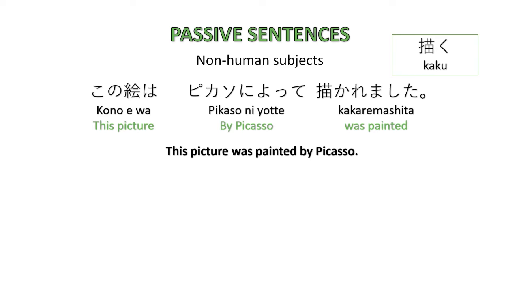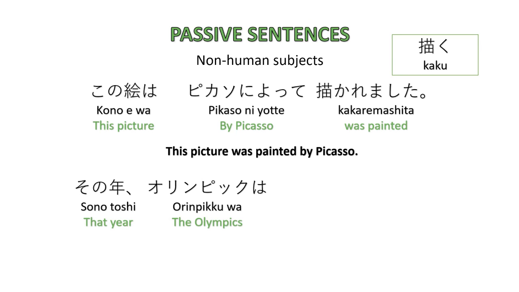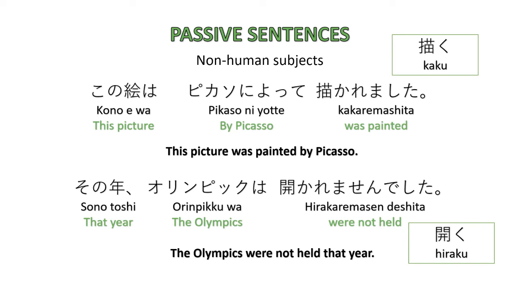So it was painted by Picasso. その年、オリンピックは開かれませんでした。The Olympics were not held that year. So, 開かれませんでした comes from 開かれる which comes from 開く. Alright?